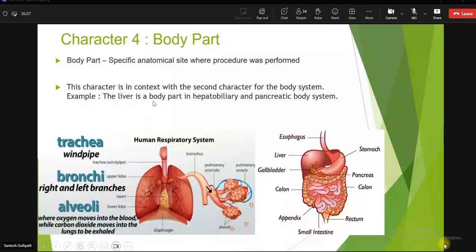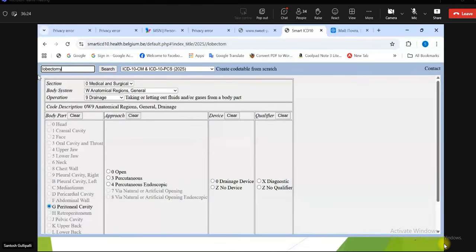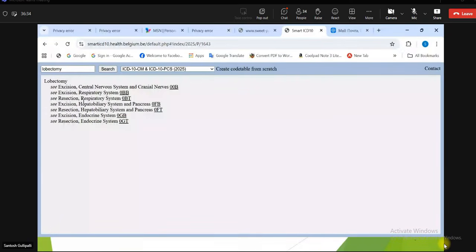For example, I will show you how to locate the code. Lobectomy: excision, respiratory system; resection, respiratory system. When we consider excision and when we consider resection, we will learn in great detail in the coming slides. For example, 0BT.